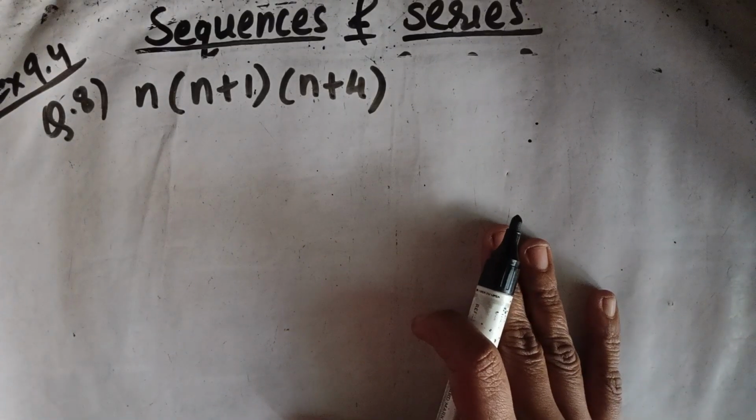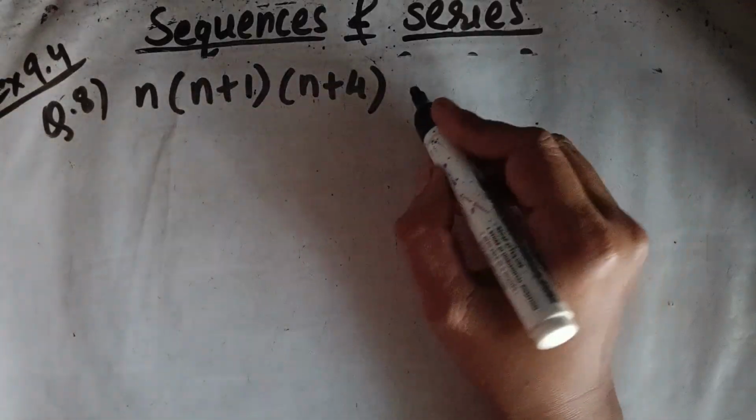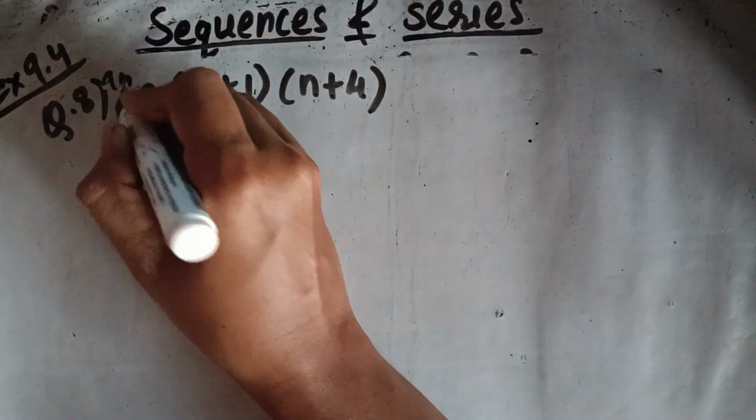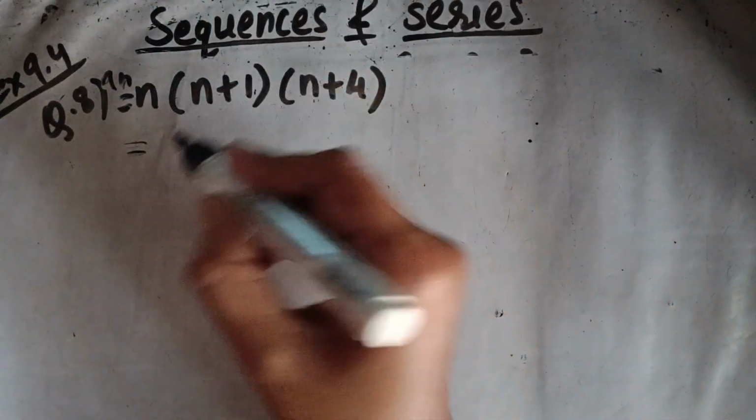Okay, so this is the last. Question 8. Here the last term is given, that is an. This is your an. Okay, so multiply this.